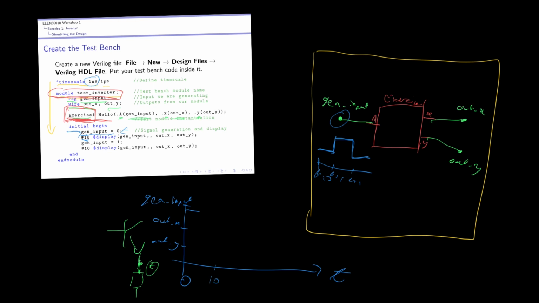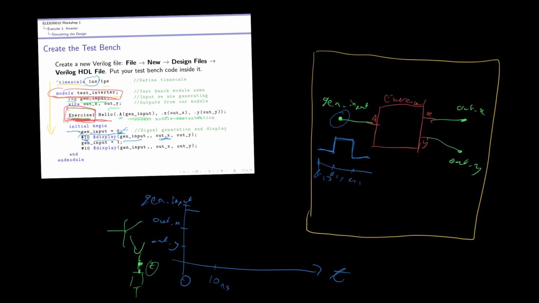So at time 10 nanoseconds, I'm going to execute this statement here. This is a display statement. It's going to display to the screen the current value of gen input, or the current value is 0 because that's the last thing we set to it. And it's also going to display the values at out x and out y. Now what are these values? Well, remember Verilog simulators do many things in parallel.